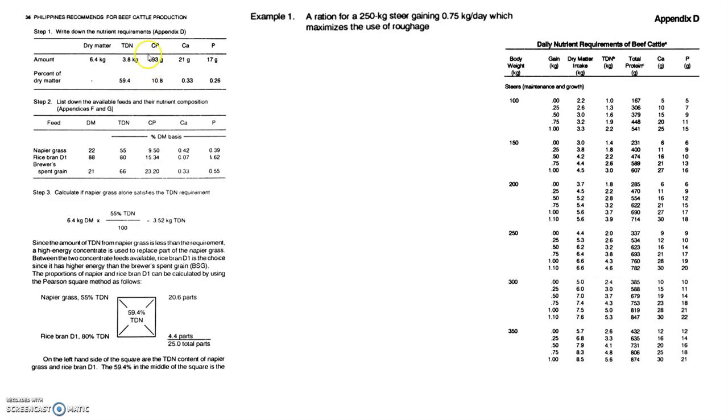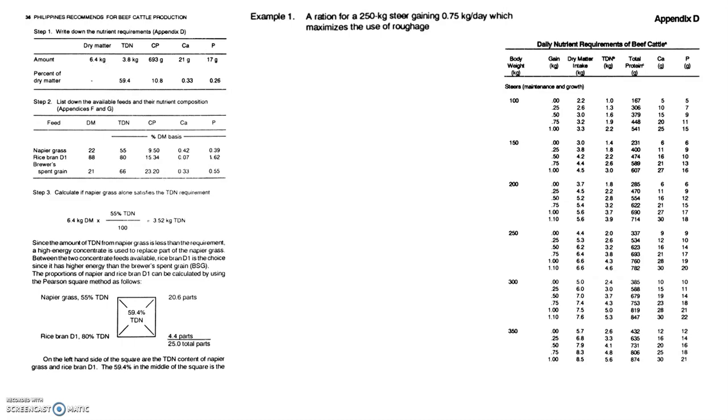In the case of crude protein, we do 693 grams, or 0.693, divided by 6.4, times 100, that is 10.8%. So we now know the percent of total digestible nutrient and the percent of crude protein in terms of their dry matter composition.